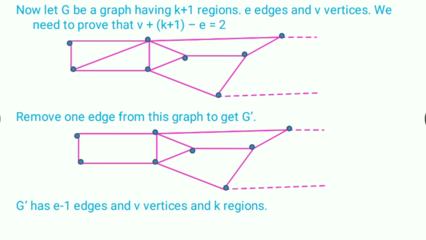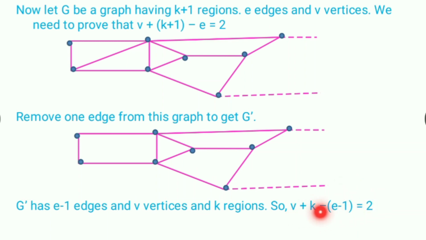By our induction hypothesis, by our assumptions, Euler's formula holds for K regions. We have assumed that Euler's formula holds for K regions. So according to that formula, the number of vertices plus the number of faces minus the number of edges will be equal to 2. So V vertices plus K regions minus the number of edges, E minus 1, is equal to 2.